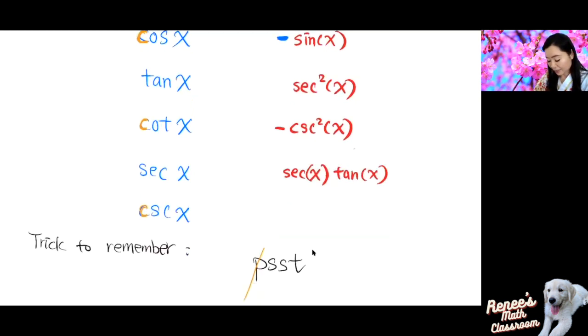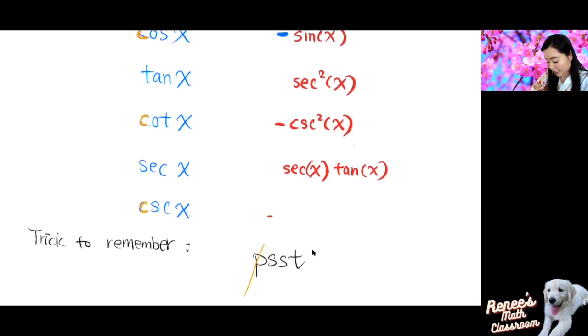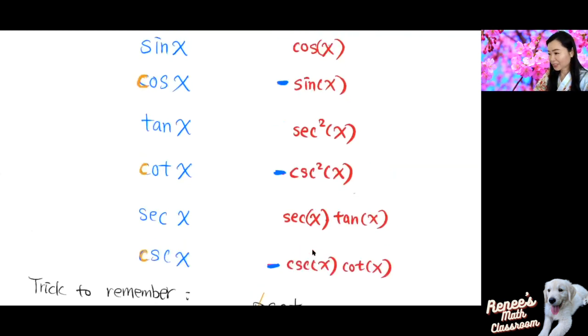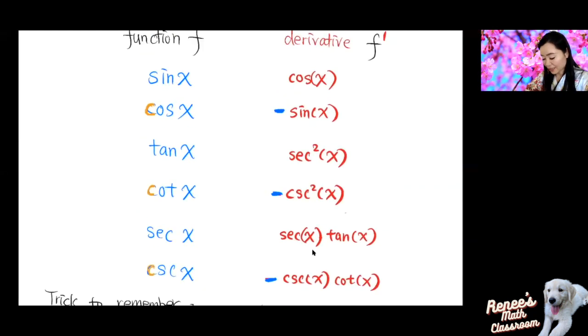And the duality of cosecant x is negative cosecant x times cotangent x. Now, I'm going to teach you two tricks to remember this. The first one is this: if you start with cosine, cotangent, cosecant, you always have the negative sign in front. Another one here for sine and cosine is easy, right?